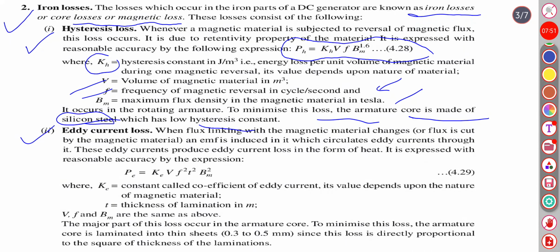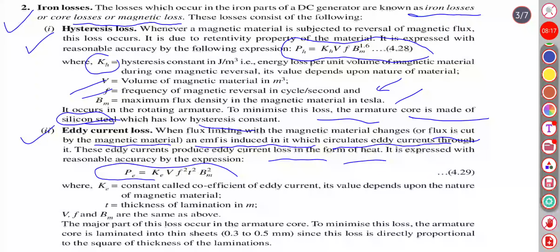Now the eddy current loss. When flux linking with magnetic material changes or flux is cut by the magnetic material, an EMF is induced in it, which circulates eddy current through the core. These eddy currents produce eddy current losses in the form of heat.